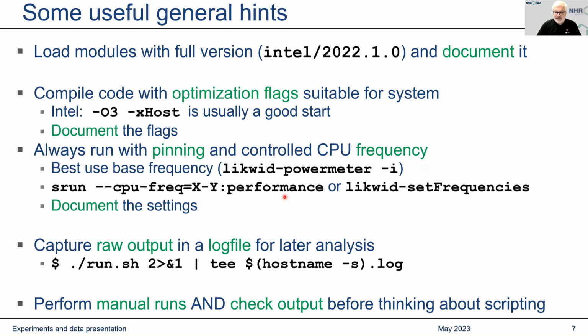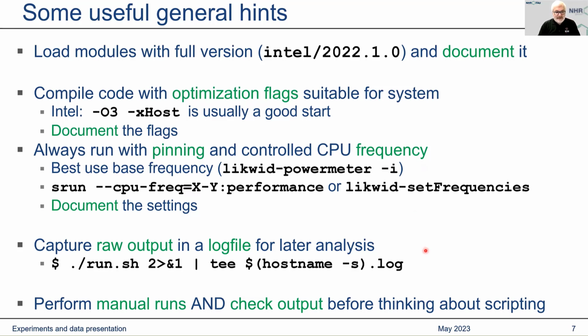If you use the Slurm batch scheduler, it is possible to set at least the core frequencies using the command line option to srun, --cpu-freq, or use likwid-setFrequencies if allowed by the system administrators. And it's not always allowed, so you have to see how far you get there. As always, document the settings.